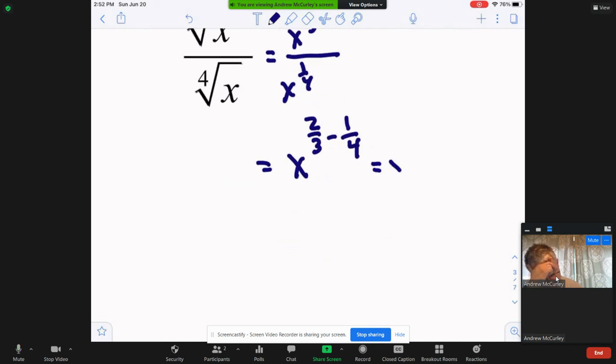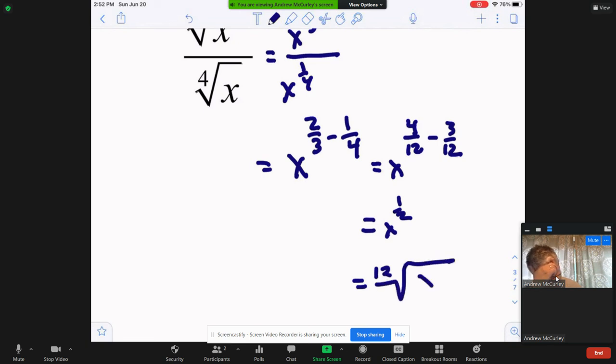That's going to be x to the 8/12 minus 3/12. Looks like x to the 5/12, or the 12th root of x to the 5th.